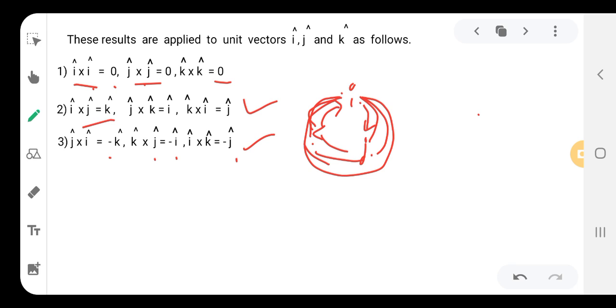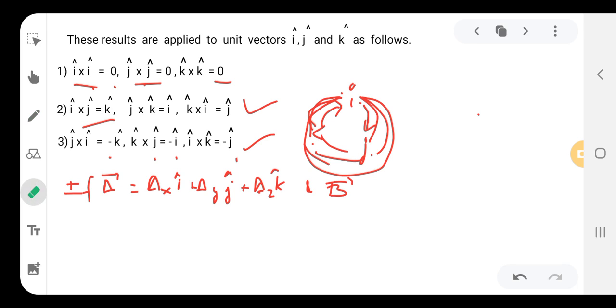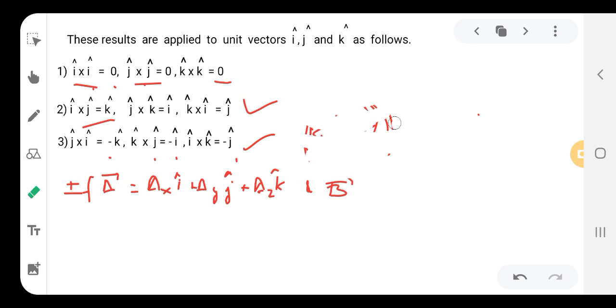If vector A is equal to ax I cap plus ay j cap plus az k cap, and B vector is equal to bx I cap plus by j cap plus bz k cap. Okay, so in this form we can write vector A and vector B.